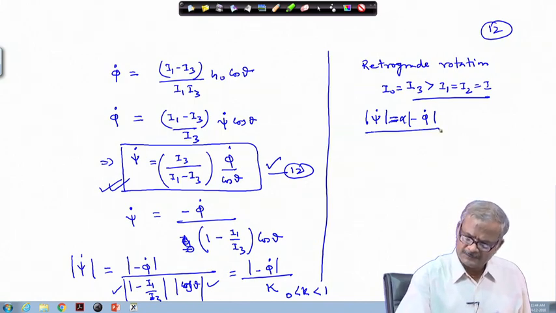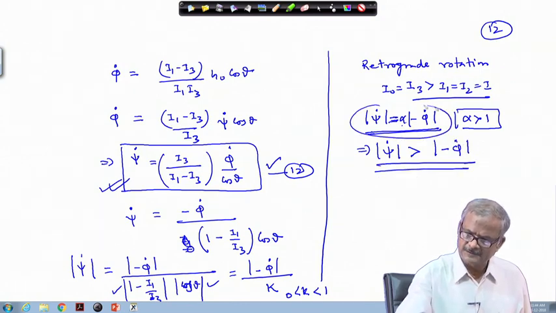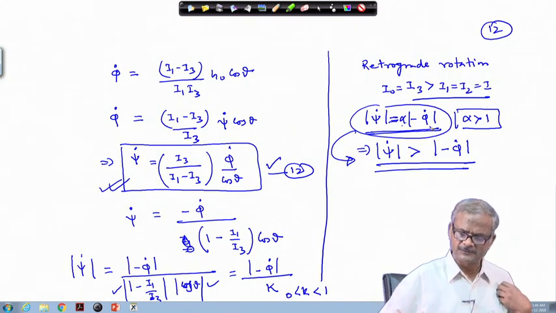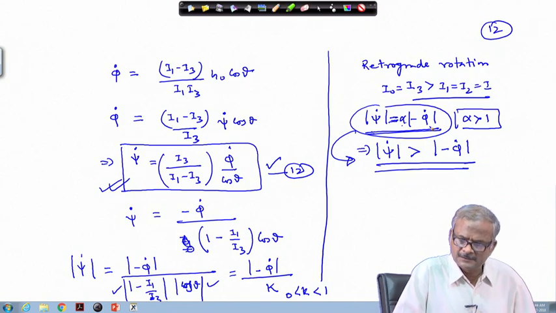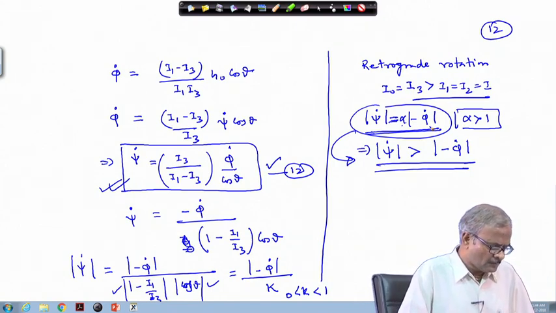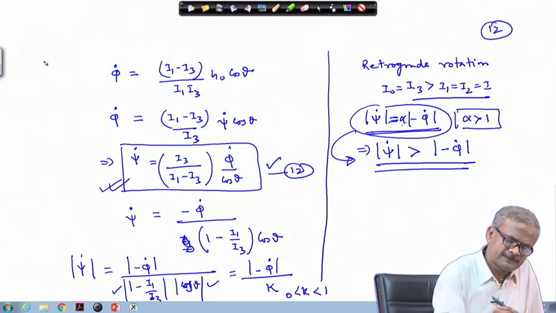So, obviously, from this place it is visible that alpha is greater than 1. Okay. So, this simply implies that psi dot magnitude will be greater than minus phi dot magnitude. From this equation we can get this. It is very simple to see, just check it yourself, because alpha is greater than 1. Okay. And the rest of the other things you can also work out in the same way.